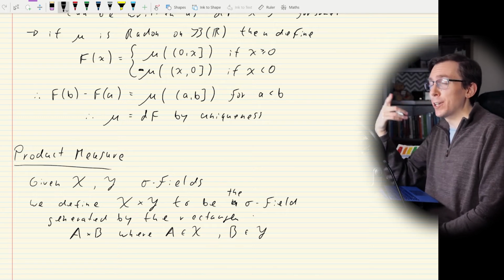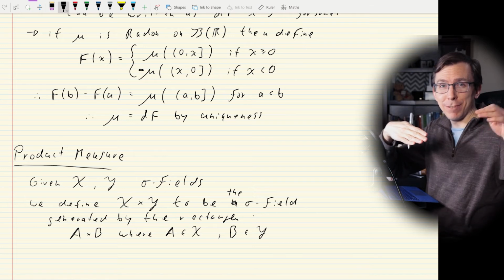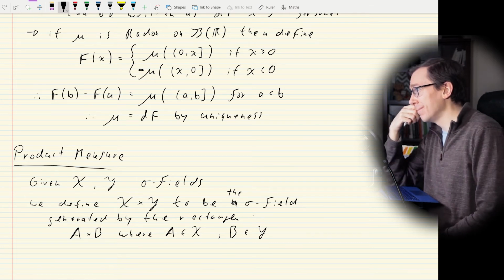So this is a more general notion of rectangle, but it's basically saying I take something from X, I take something from Y, and I cross it. That's a rectangle.